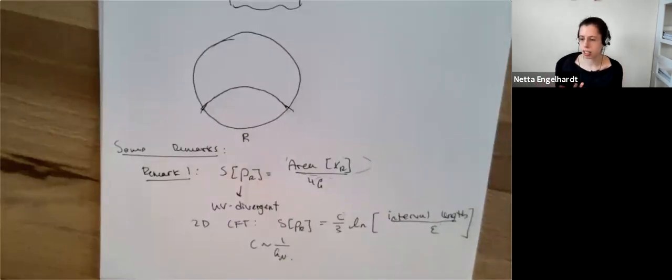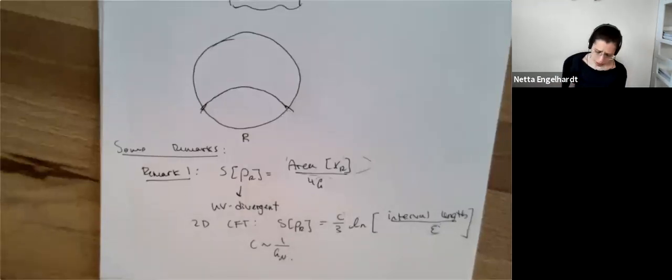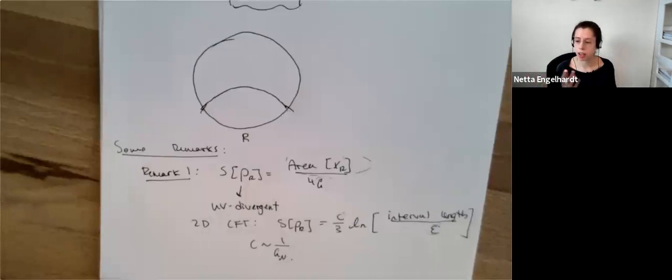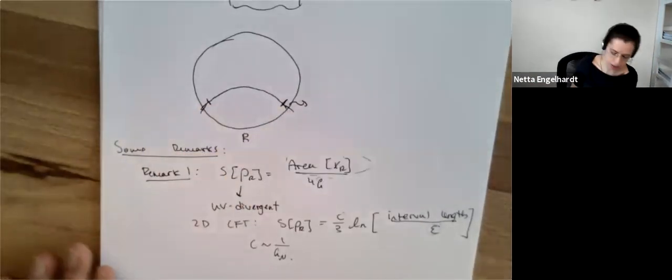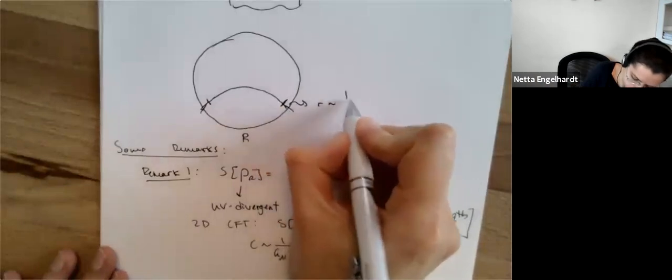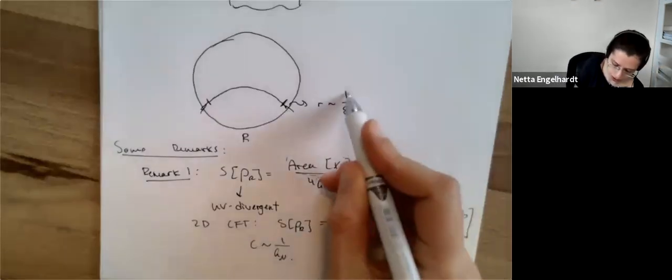But the non-trivial thing is that when you regulate this divergence by putting a UV cutoff over here, in the bulk that's going to correspond via UV-IR correspondence to a large radial cutoff. So we cut this off in global AdS coordinates at R goes as 1 over epsilon. The area is very large and divergent as R goes to infinity, but we have this cutoff 1 over epsilon.